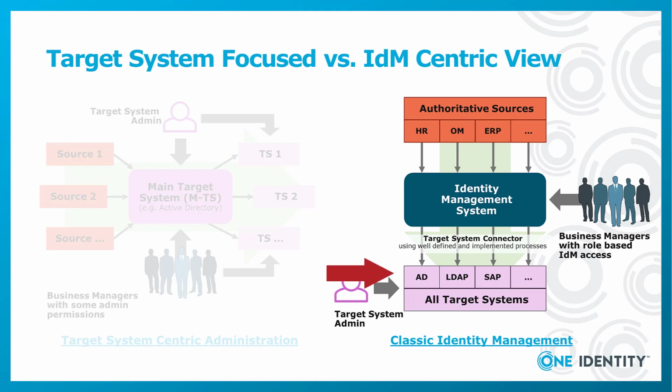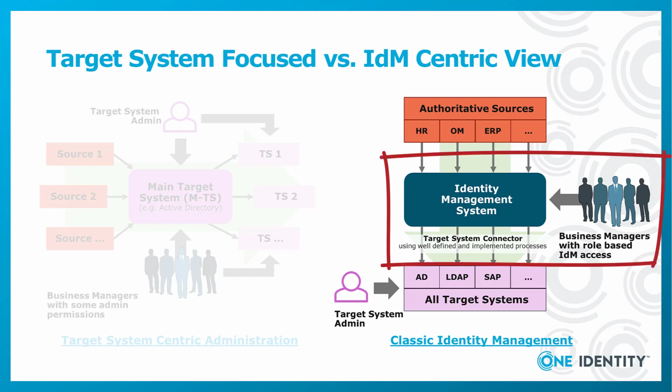Connected to the identity management system are target systems, and it makes no difference which target system it is at the end. All of them have users and permissions, and they get controlled by that identity management system. There exists as well the group of target system administrators like before, and they have the same permissions as before in the other world on the target system side.